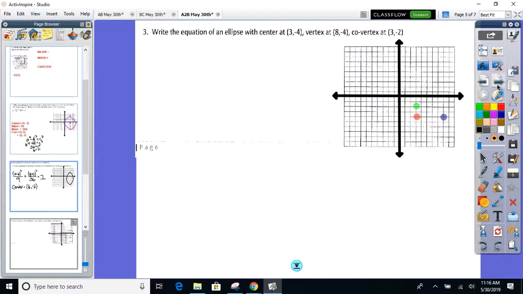All right, go ahead. Let's graph this one now. I gave you the center and one vertex and one co-vertex. Let's see if we can do this. I got faith in you.